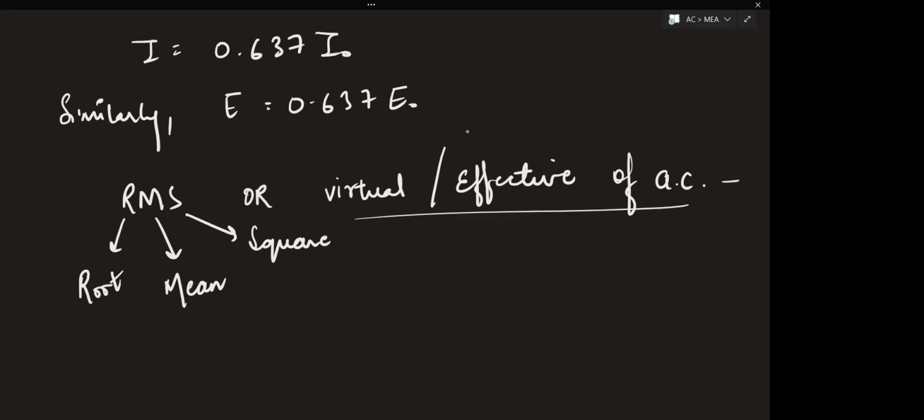Now, it looks like we are first calculating the root, then finding the mean, and then squaring the answer. But in reality, we first take the square, then take the mean, and then put it under a root sign. Remember, just go opposite.